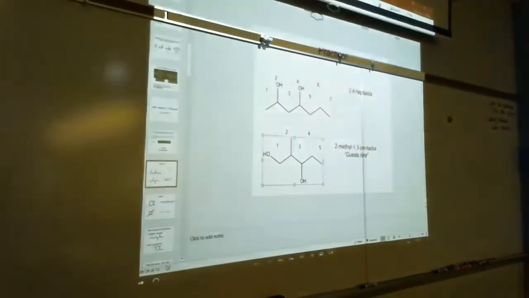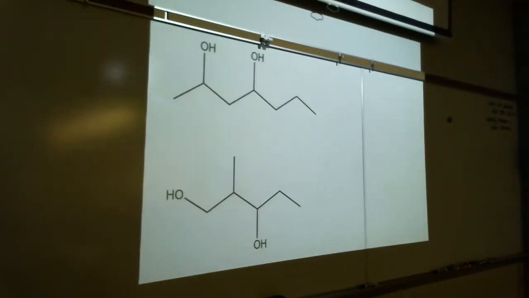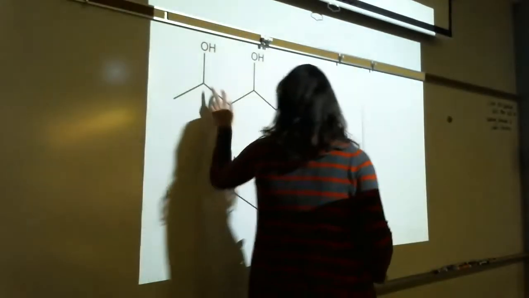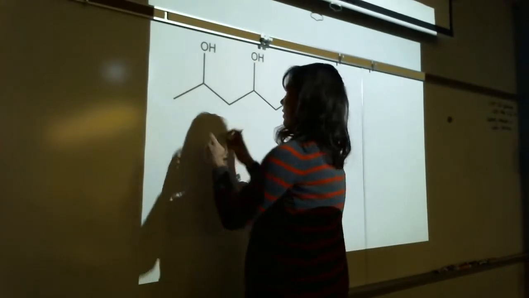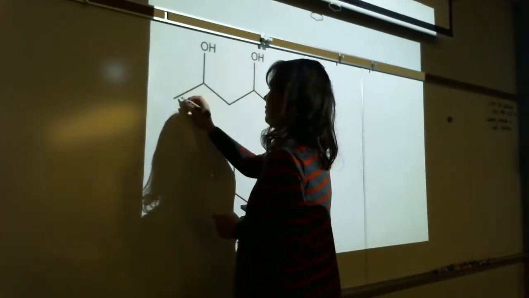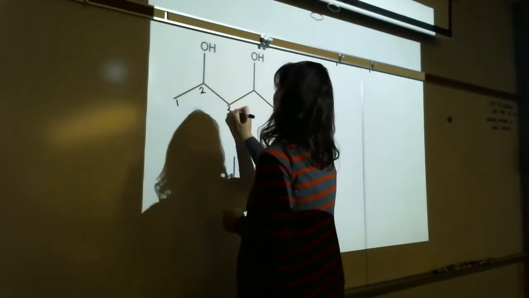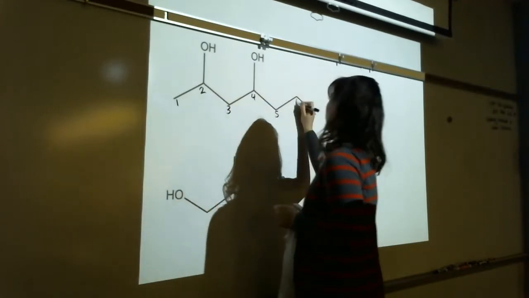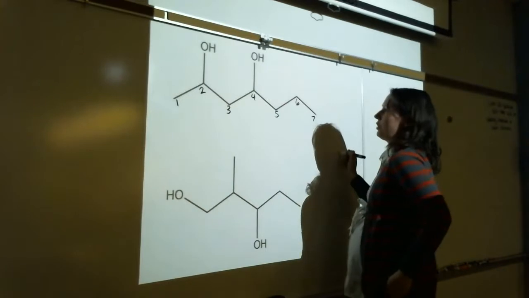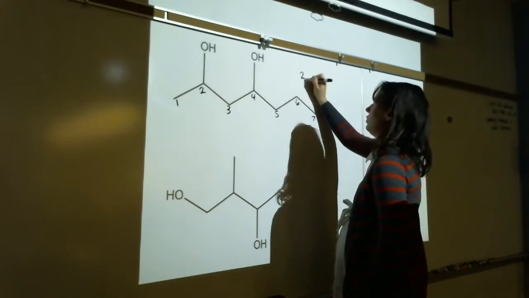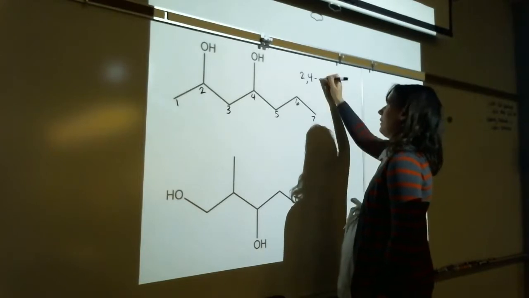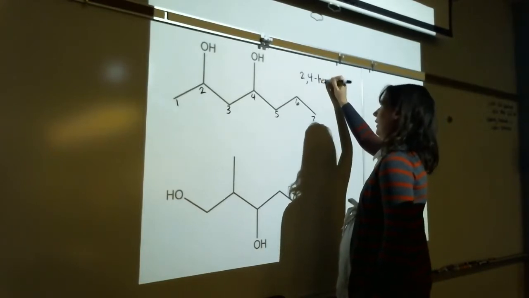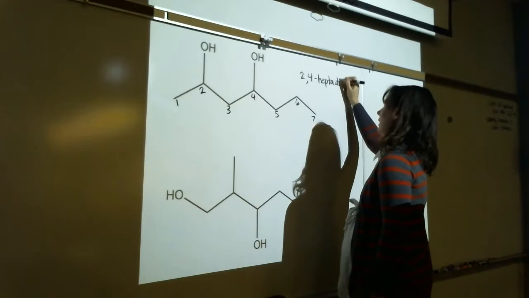All right, let's go over this one. We've got a diol here, 2 OH groups we have to contend with. So we number to give them priority, and there are no other substituents. So 1, 2, 3, 4, 5, 6, 7. This would be 2,4-what? Heptanediol.